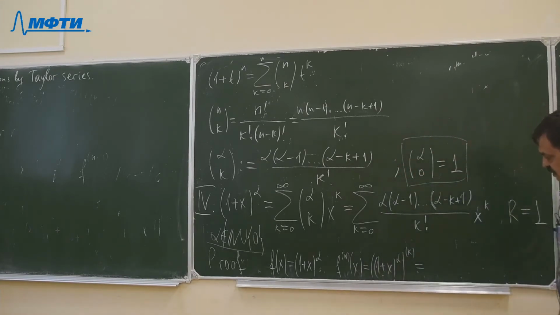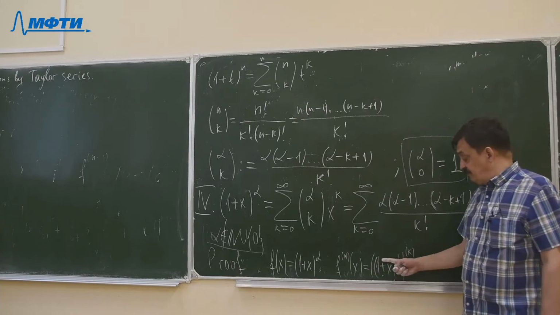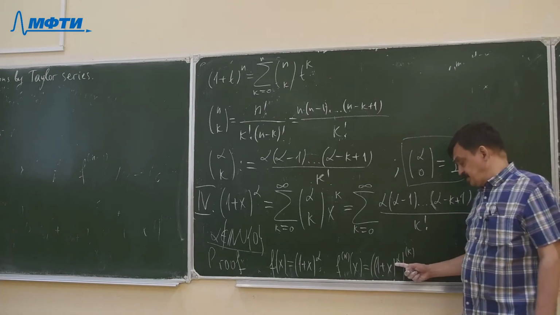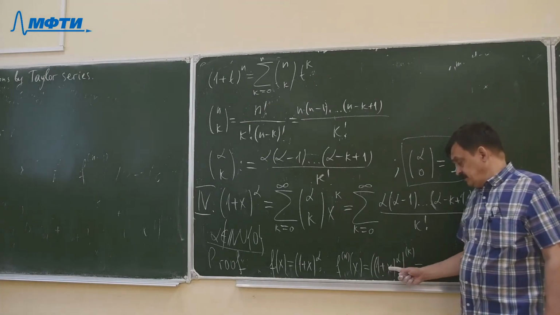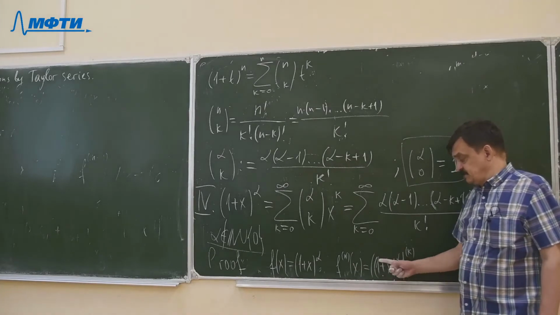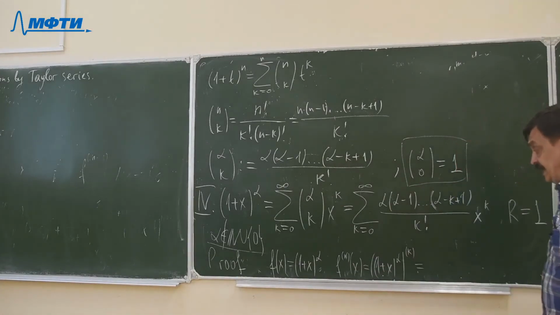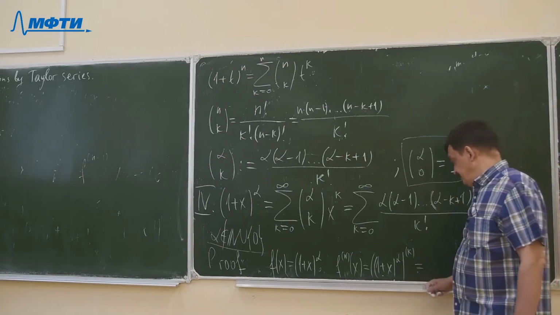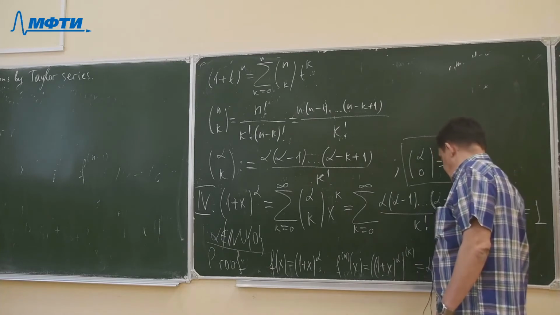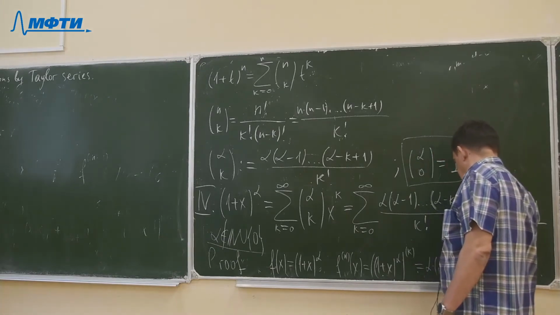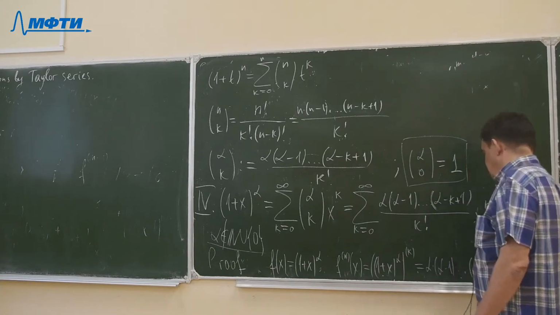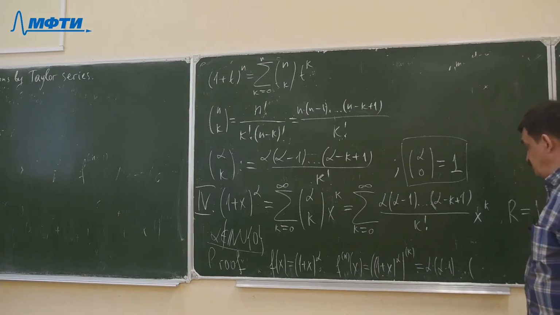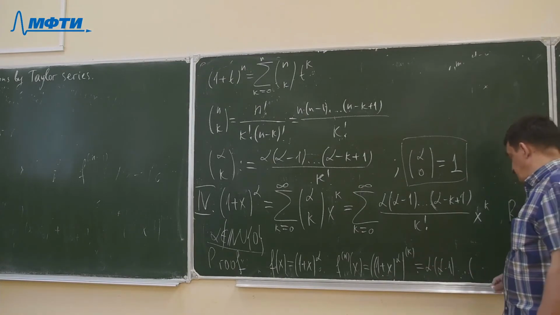And you see every time when we differentiate, we apply chain rule, but the derivative of 1 plus x equals 1, so no extra multipliers appear. And when we differentiate the power alpha, we obtain alpha times alpha minus 1, and so on, as many terms as the number of times we differentiate.